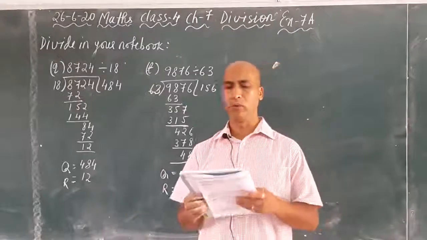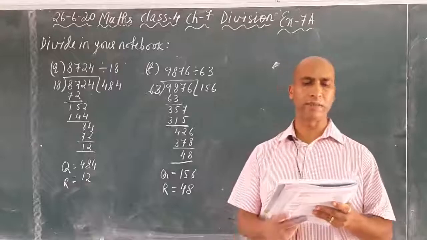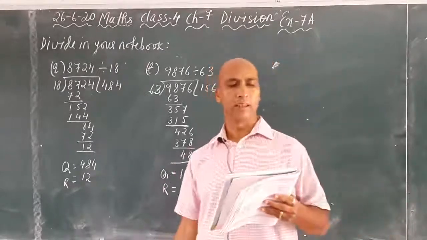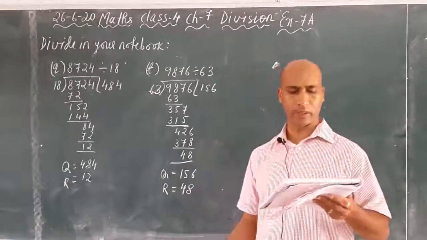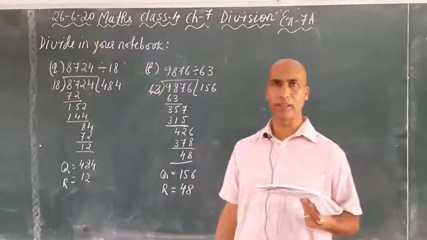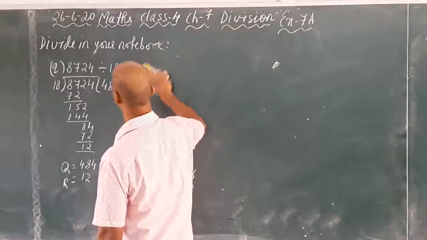Now we'll move to exercise 7b. Okay, in exercise 7b it says fill in the blanks. The division is given by 10, 100, 1000. And without dividing you have to write the quotient and the remainder. I'll tell you about it now.